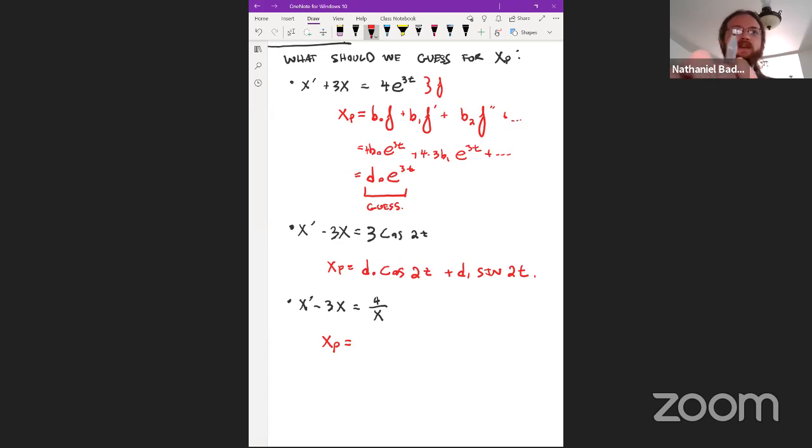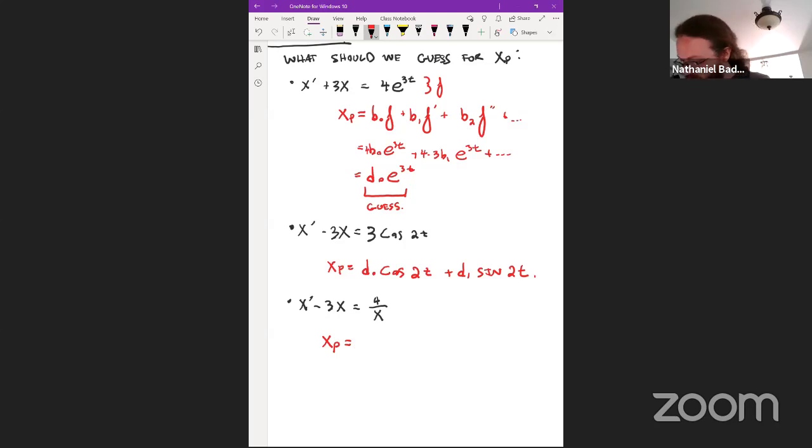Any guesses before I show what you should guess to try to solve it? What you should guess here is something in the form of this plus all of its derivatives.